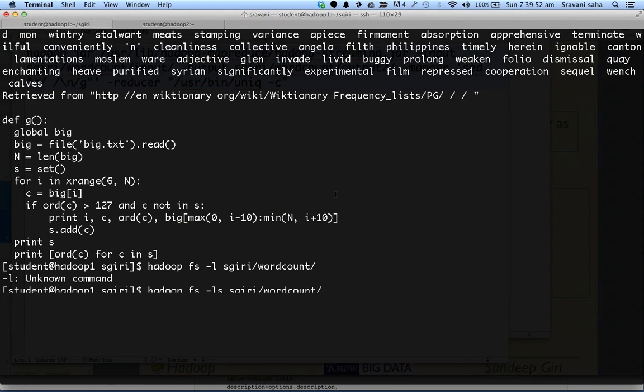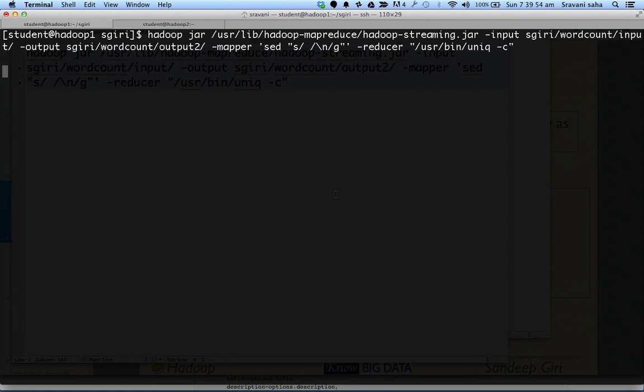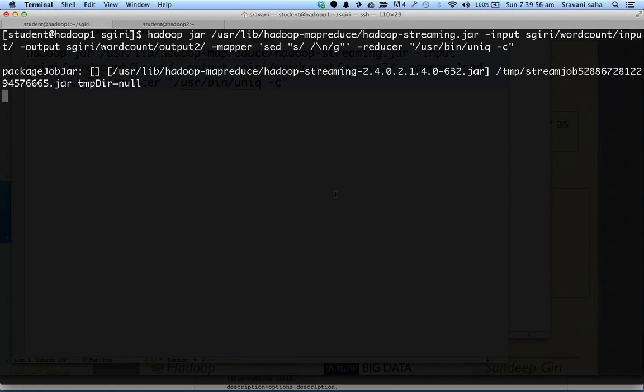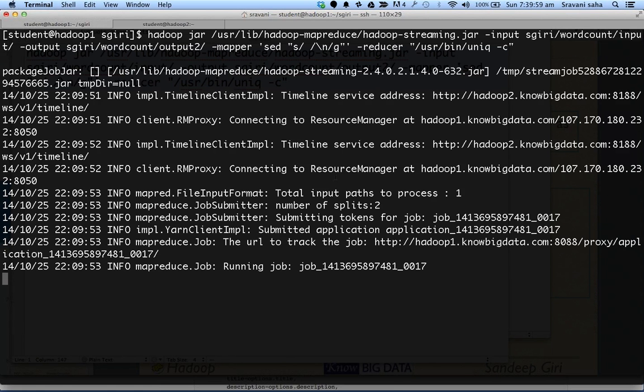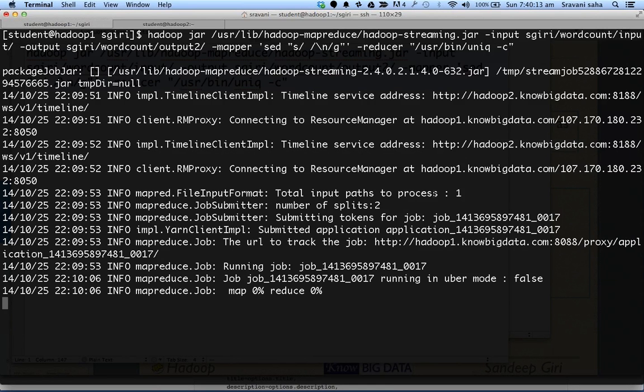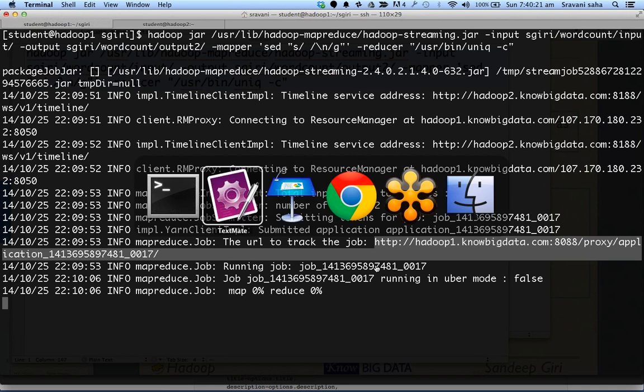Let's see if it works. Okay, it is starting the streaming job now, and it has submitted the tasks in parallel. Since Hadoop is basically designed to be a batch process, it gives you various URLs using which you can monitor, like this one, the URL to track your job.